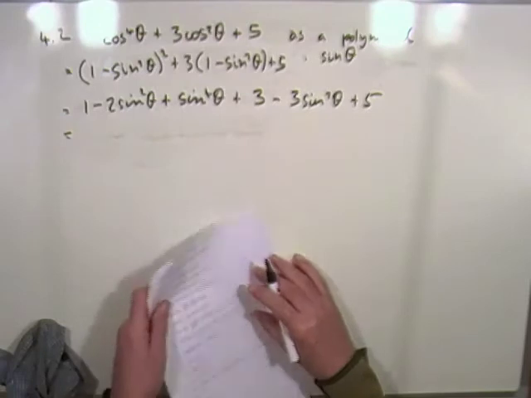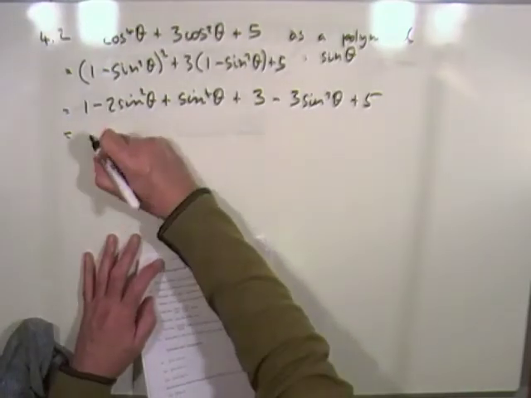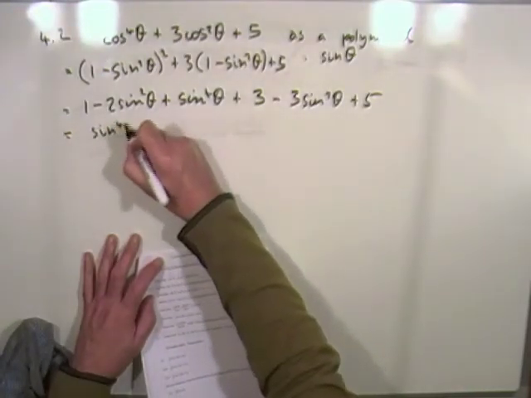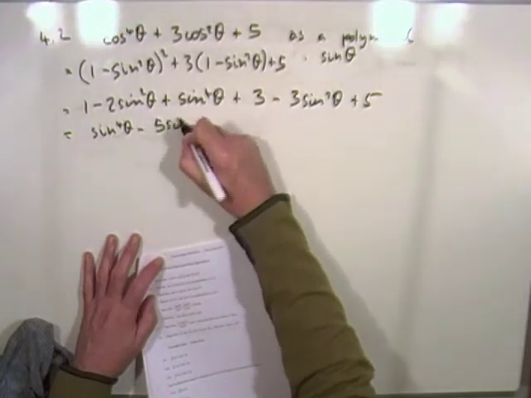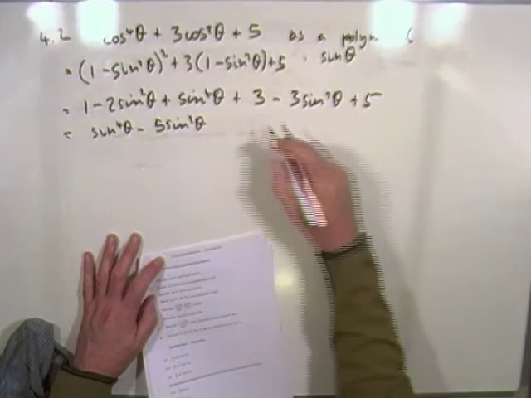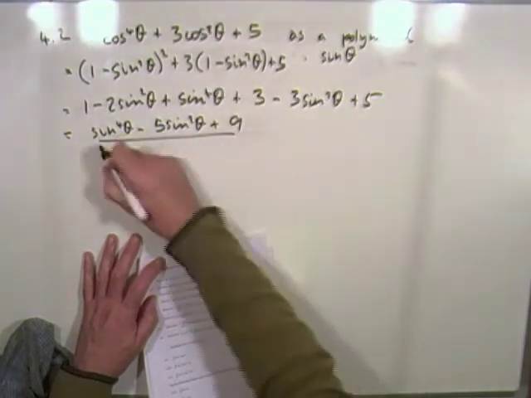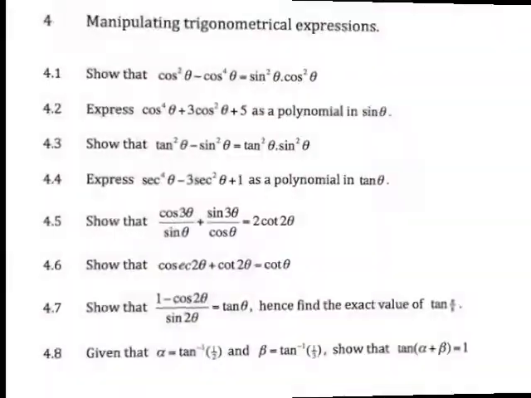And then just gather it up in the order of the powers. So we've got sine to the 4 theta first, minus 5 sine squared theta, plus 9. And that's all there was to that one.